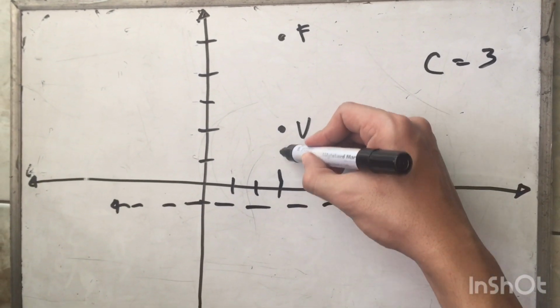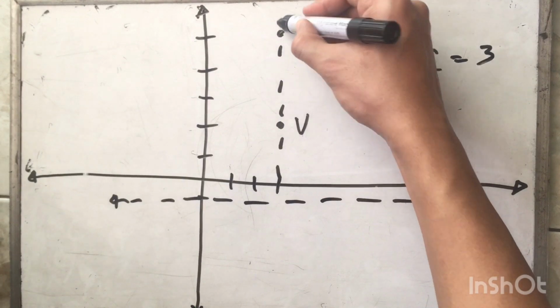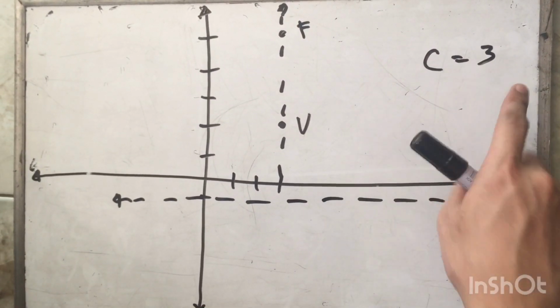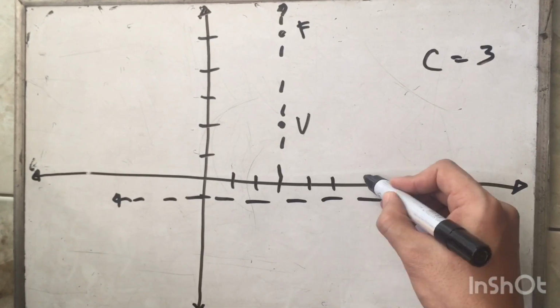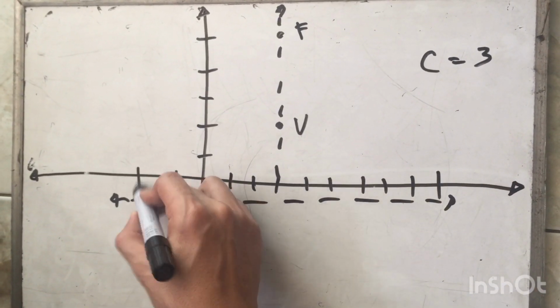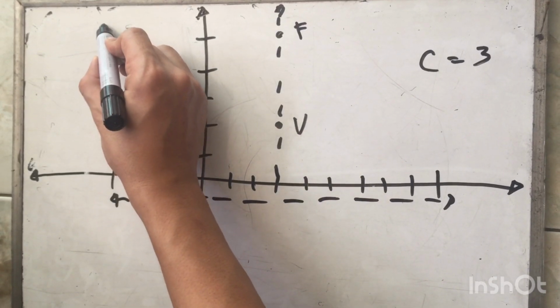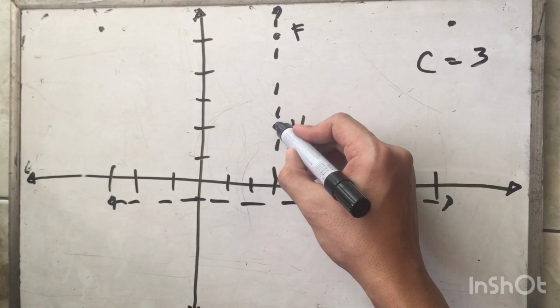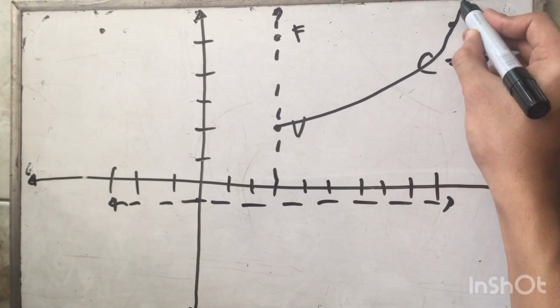So the parabola looks like this, and the latus rectum is 4 times 3, 12. So 1, 2, 3, 4, 5, 6. So the equation or the graph of the parabola looks like this.